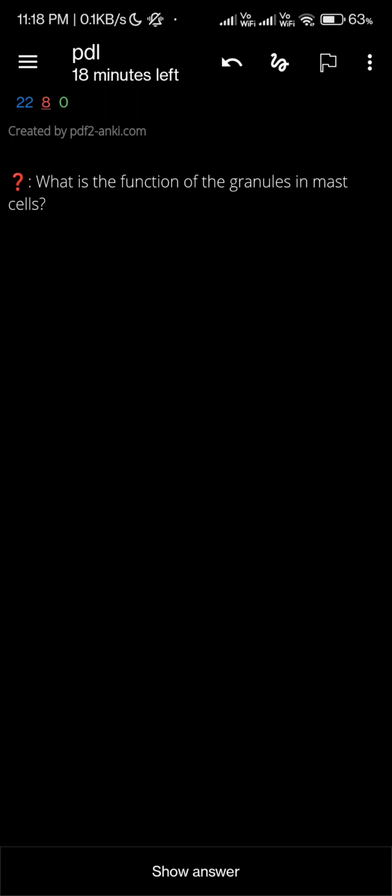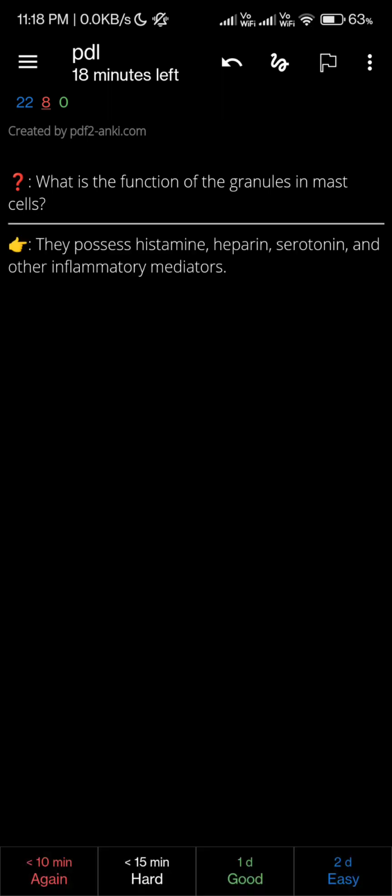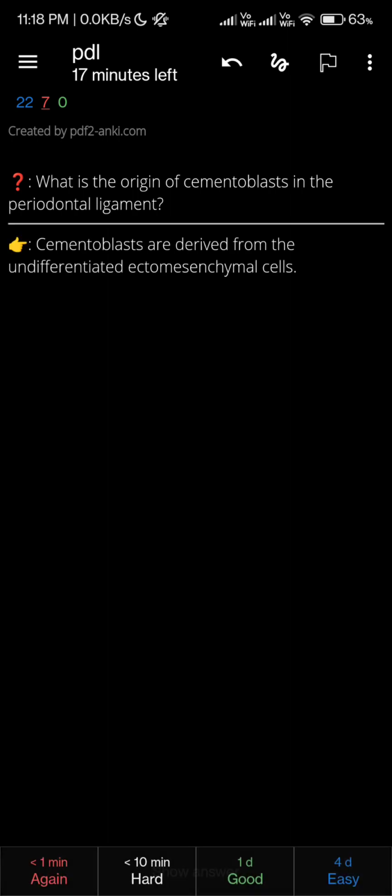They secrete histamine, heparin, serotonin and other inflammatory mediators. What is the origin of cementoblasts? Undifferentiated ectomesenchymal cells in the dental follicle.